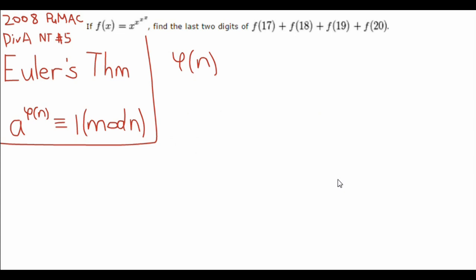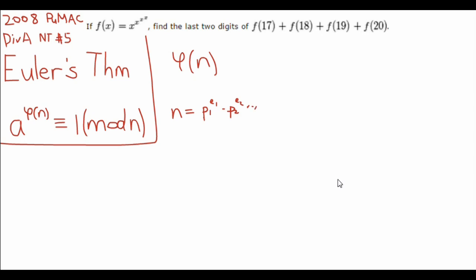So now that we've confirmed that this is indeed a generalization of Fermat's little theorem, let's get on with finding the value of the totient function of n for any n. So first off, we know that n can be separated into its prime factors, which are, let's say, the first prime factor is p1 to the power of e1 times p2 to the power of e2, and then so on.